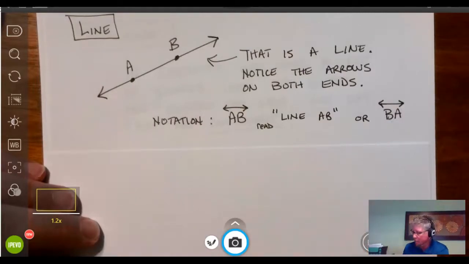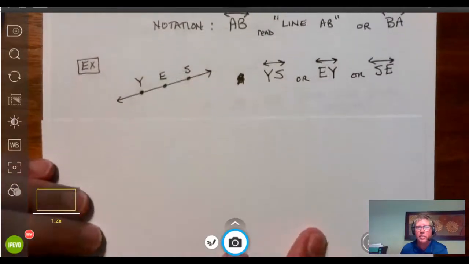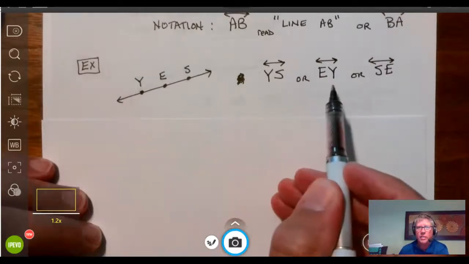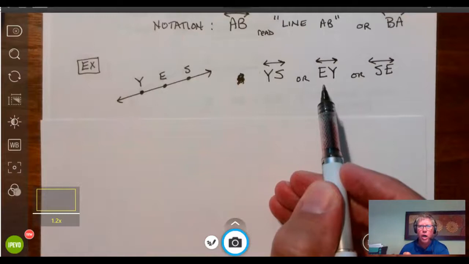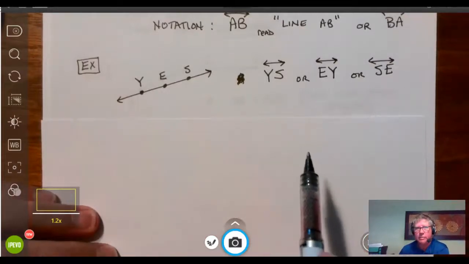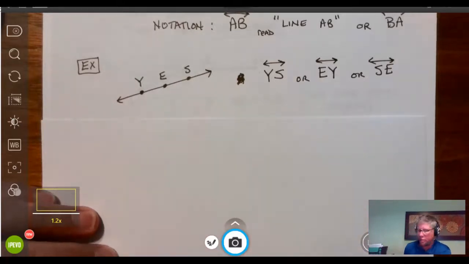Order is not important. Just to illustrate that point just a little bit more, here is a line. There are 3 letters on there. I could have called this line YS, line EY, Eric Young, old Rockies player, and SE. So, pretty simple. All right, kind of getting the groove. I love geometry. I can do this.